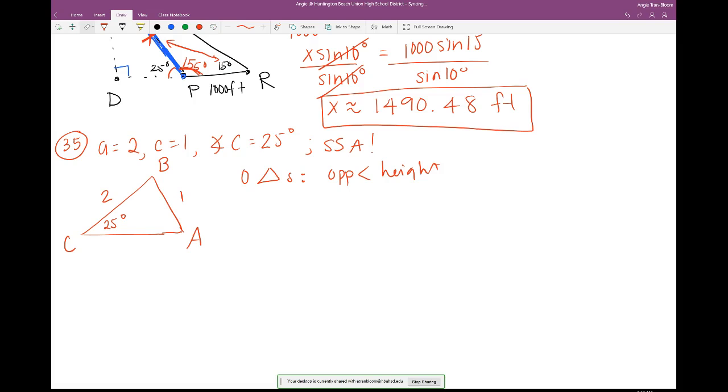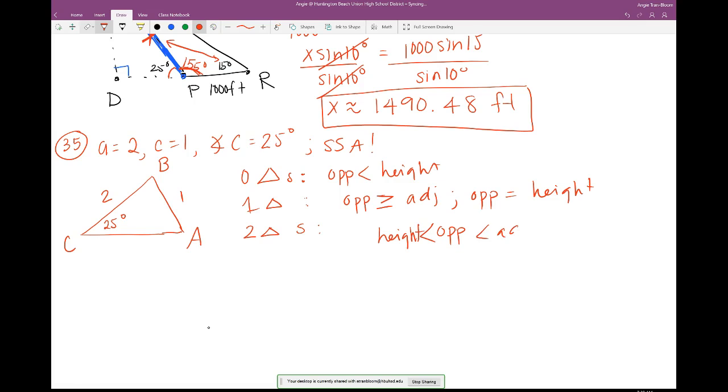Beautiful. 1 triangle means opposite must be greater than or equal to the adjacent, or opposite exactly the height. Very good. All right, 2 triangles. It's when the opposite is right in the middle of what? The height and adjacent. Okay.